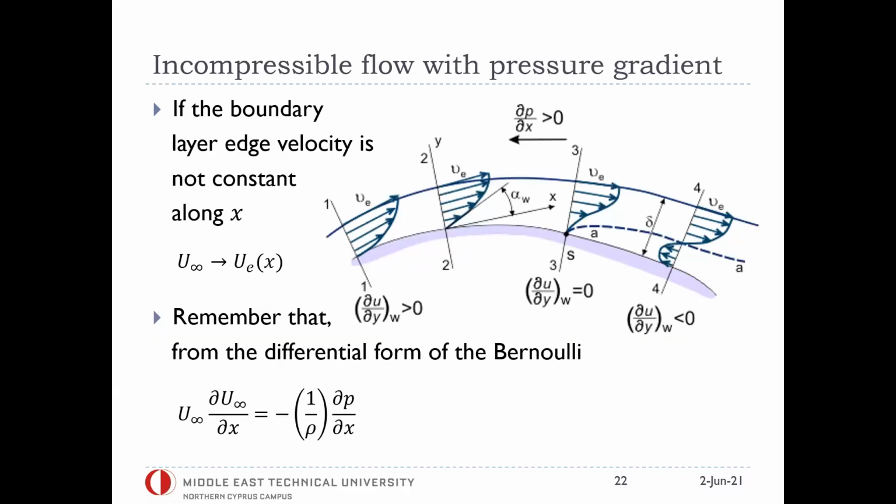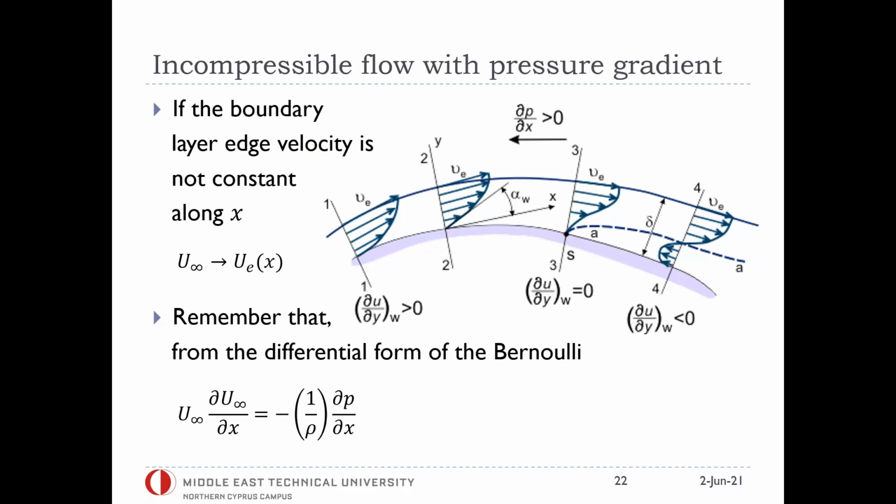So the next thing that we did not discuss, that is not included in the Blasius boundary layer solution, is the fact that the significant assumption was that there is no pressure gradient in the streamwise direction. And that happens mainly because we have a flat body surface, okay?